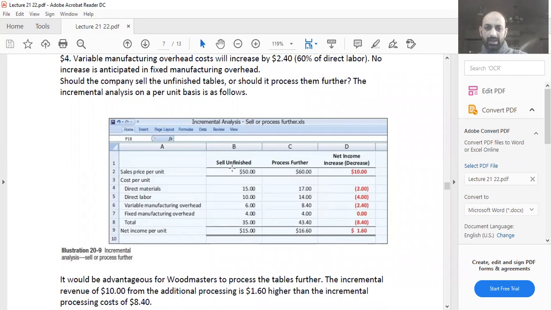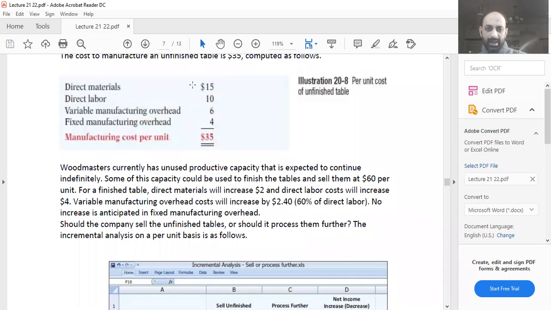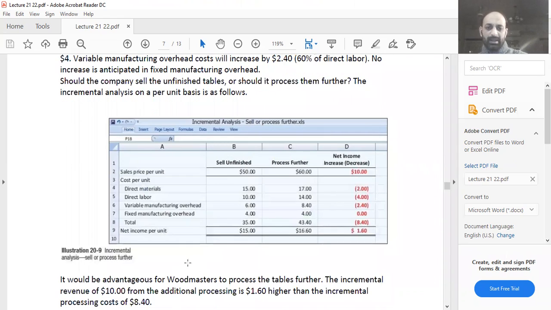So when you sell unfinished, sales per unit is 55 and cost you already have here. So you get a net income of $15 per unit. If you process the table further and finish it and then sell it, then you can sell it for $60, but the total cost will be $43.40.